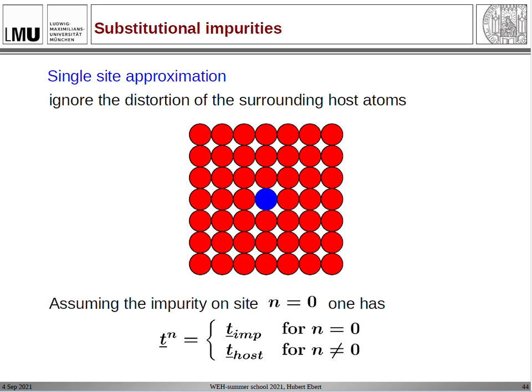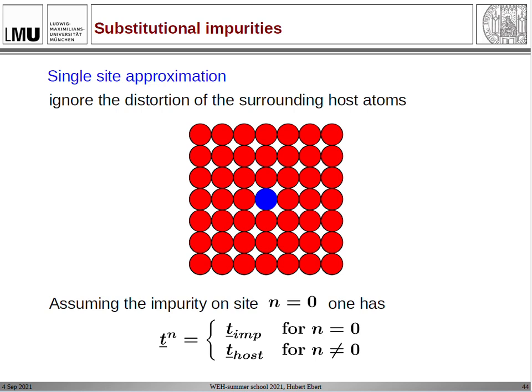But to make life not too complicated, we say at the moment the lattice is still what we had before, and we ignore the distortion of the surrounding host atoms. So this is an approximation. For metal, it works in practice pretty well because of the screening of the distortion due to the impurity by the metallic surrounding. But still, of course, it's an approximation.